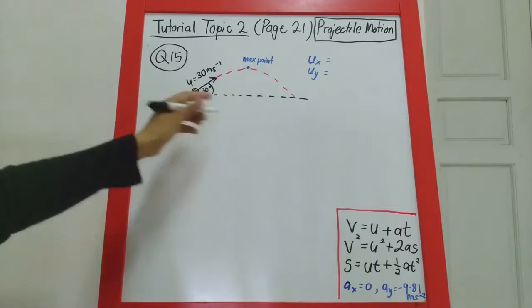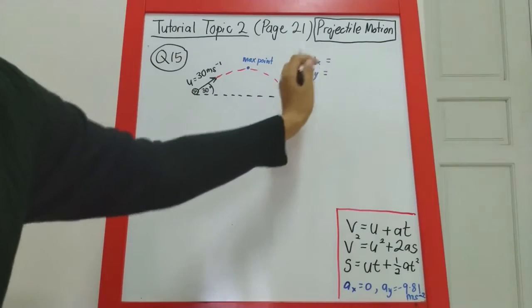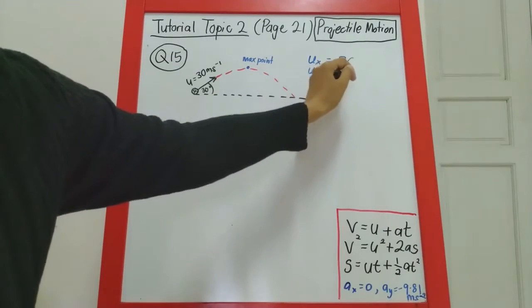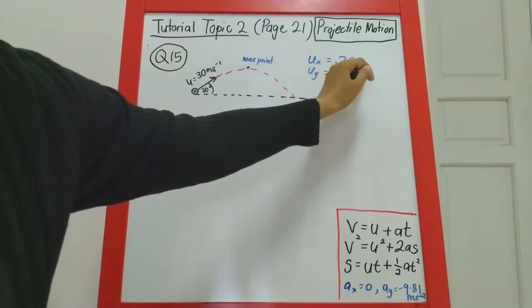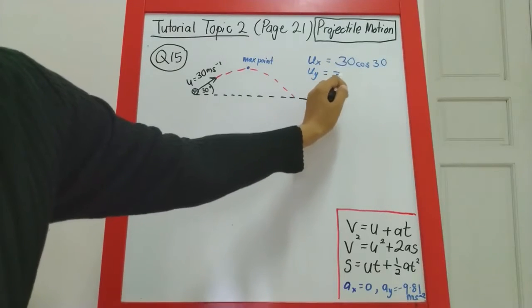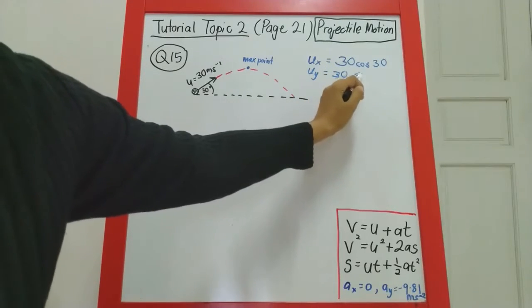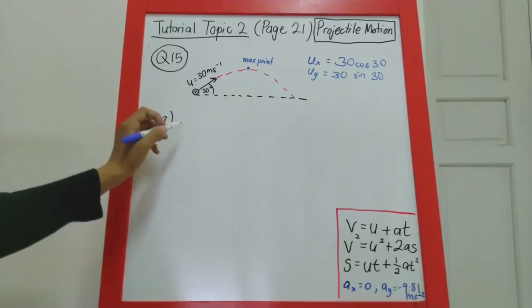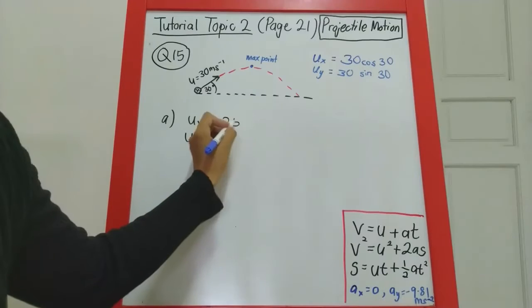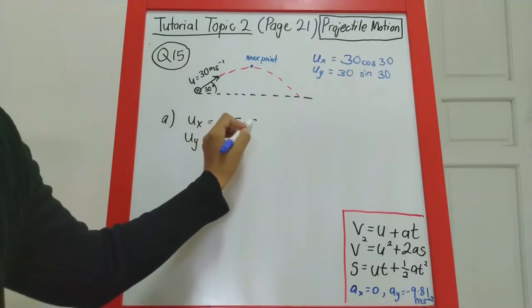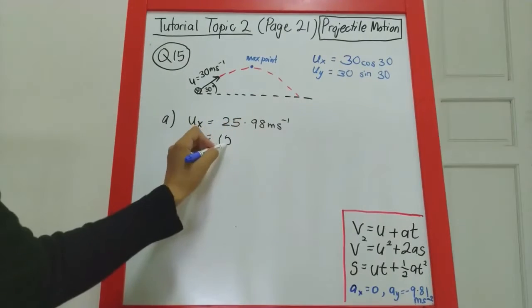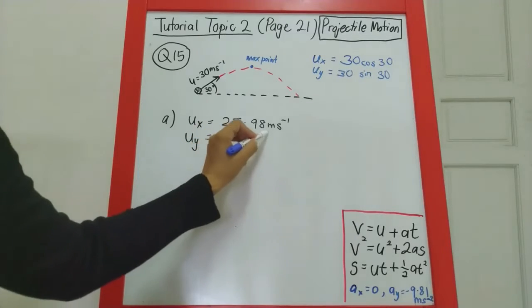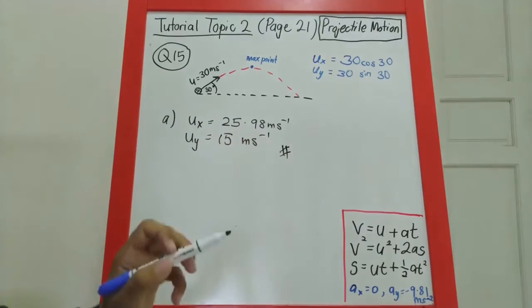So from here, automatically we know that ux is 30 cos 30 and uy is 30 sin 30. Just simply press your calculator, you will get 25.98 meter per second. Okay, so that's for part A.